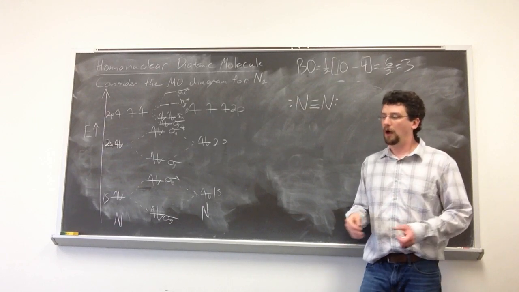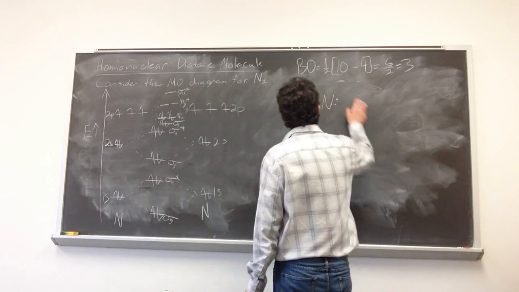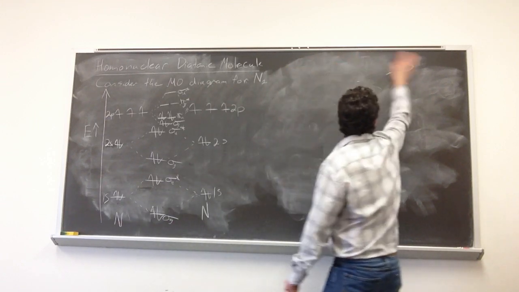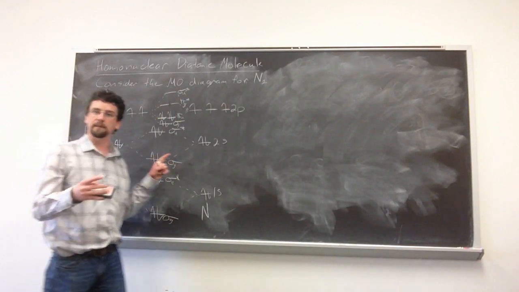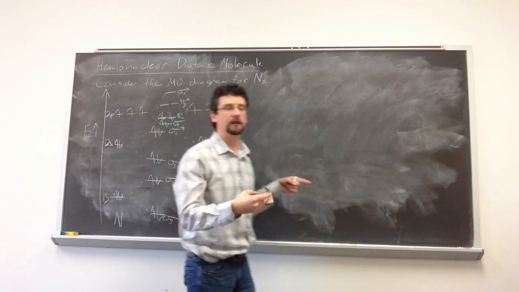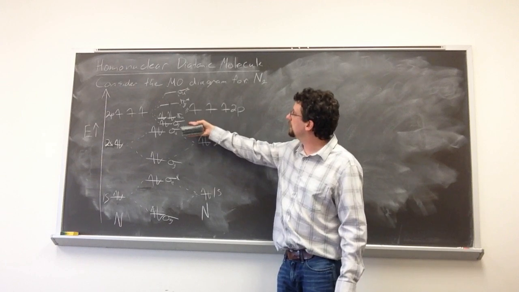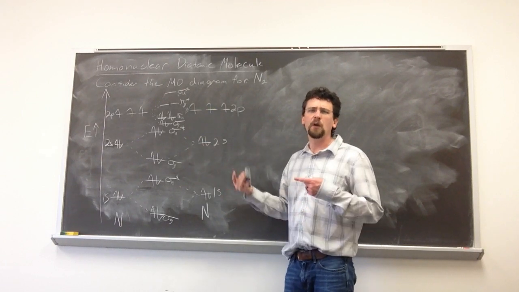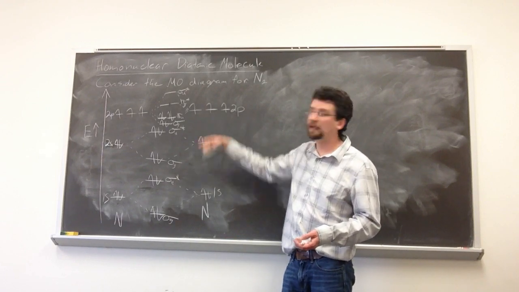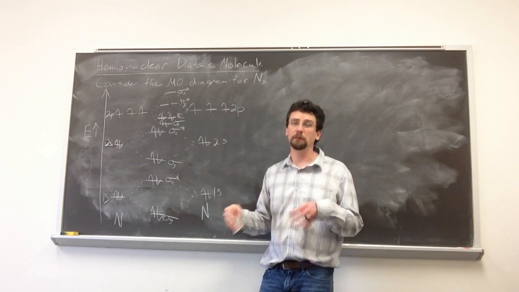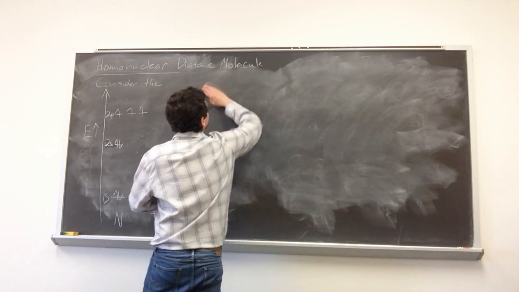Okay. There is one more thing we need to discuss when we're talking about homonuclear atoms, and that is orbital mixing. So if you look at some of the earlier elements, diatomic molecules in this row, what you'll see is that sigma G and that sigma U switch spots. Why does that happen? It has to deal with the symmetry of these orbitals and the molecular orbitals interacting with one another. So let's discuss orbital mixing.